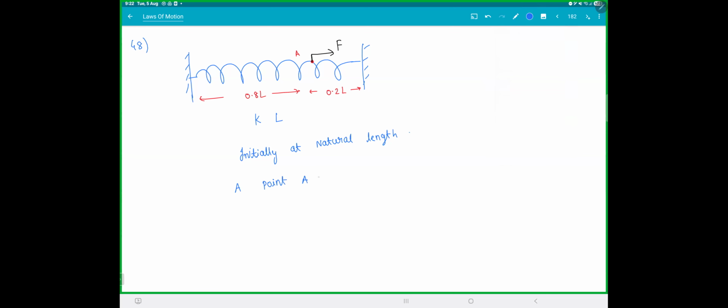Point A on the spring is pulled by F till it reaches equilibrium.